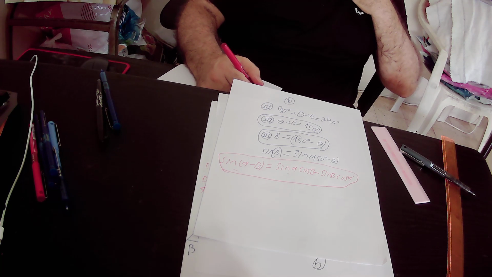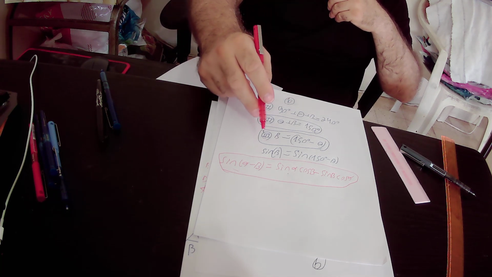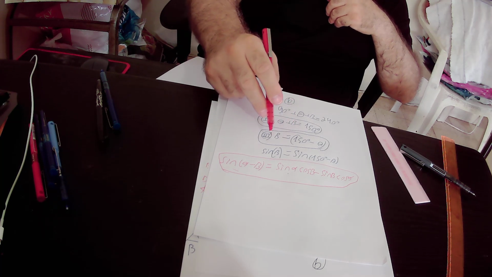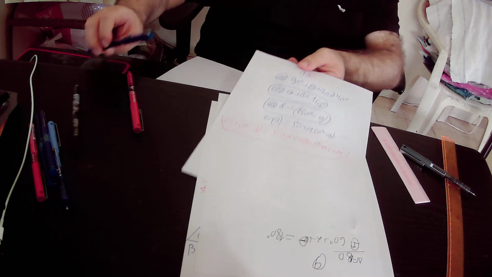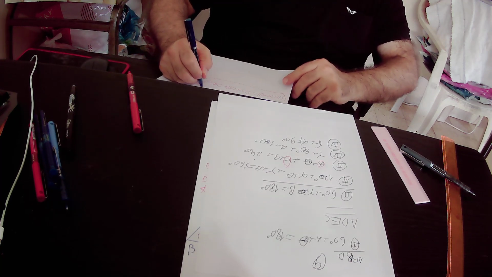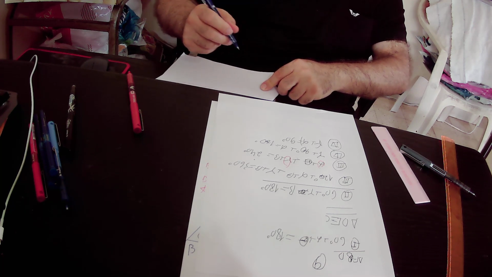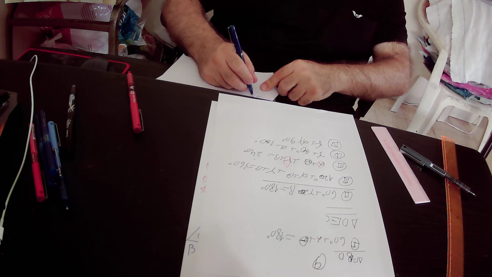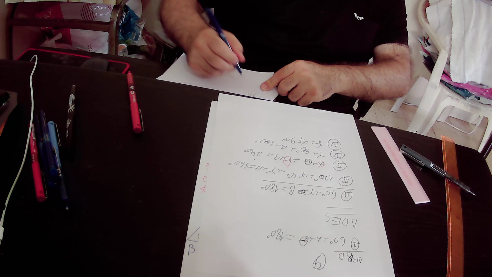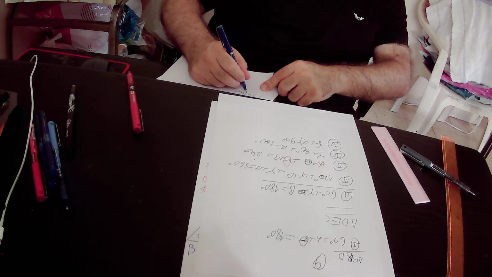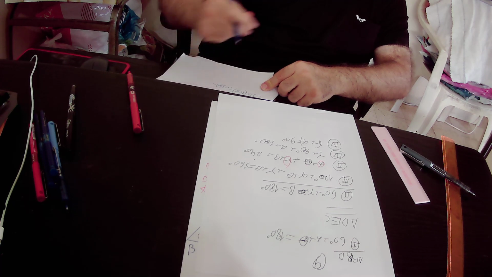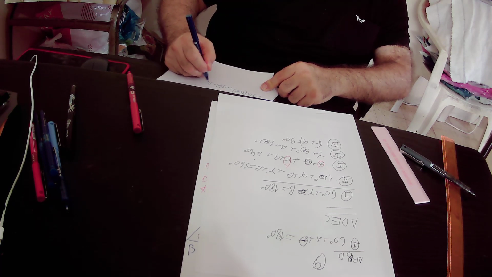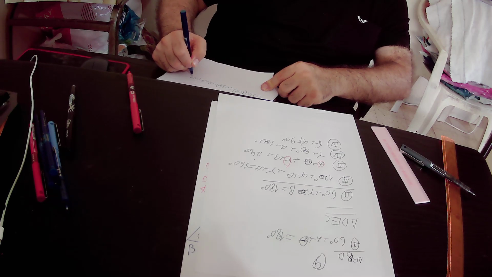We will substitute alpha by 150 degrees and beta by theta, and we will get that sinus of 150 degrees minus theta equals sinus 150 degrees times cosinus theta minus sinus theta times cosinus 150 degrees.